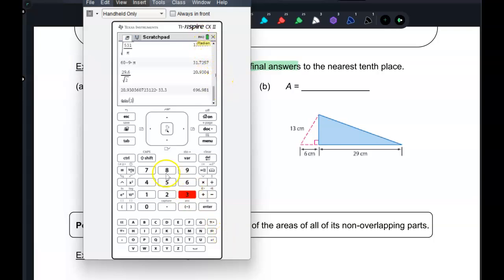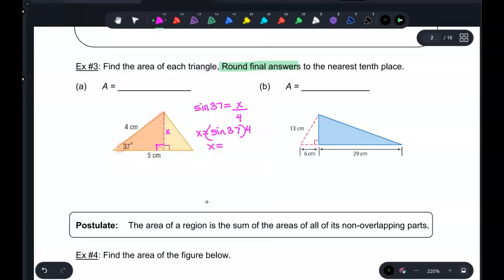What was the degree? 37? It's on degree mode. Okay, so I get 2.407. I don't want to use 2.4, so you can either go to 2 or 3 decimal places for more accuracy. I'll just write 2.407 here.